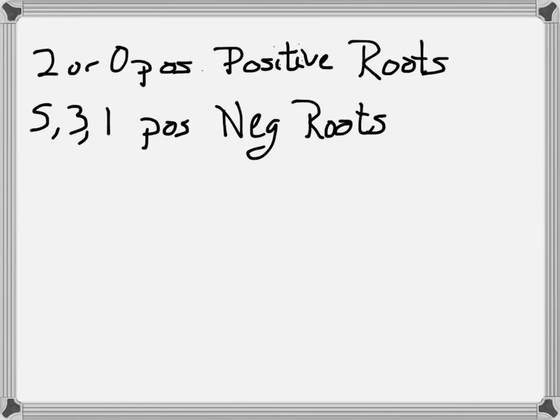And so what this means to me, whenever I'm testing my numbers, which is what we'll be looking into next week, is that there's definitely a negative root. So what would I start with? My negative numbers, because I know there's going to be a negative root.